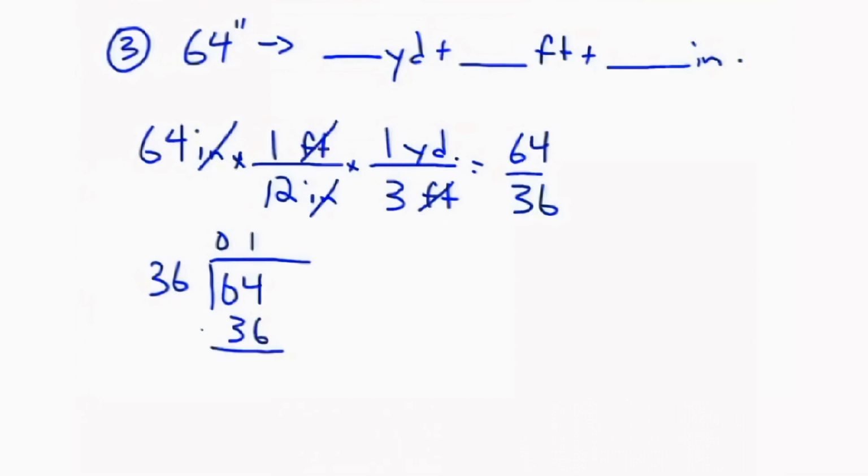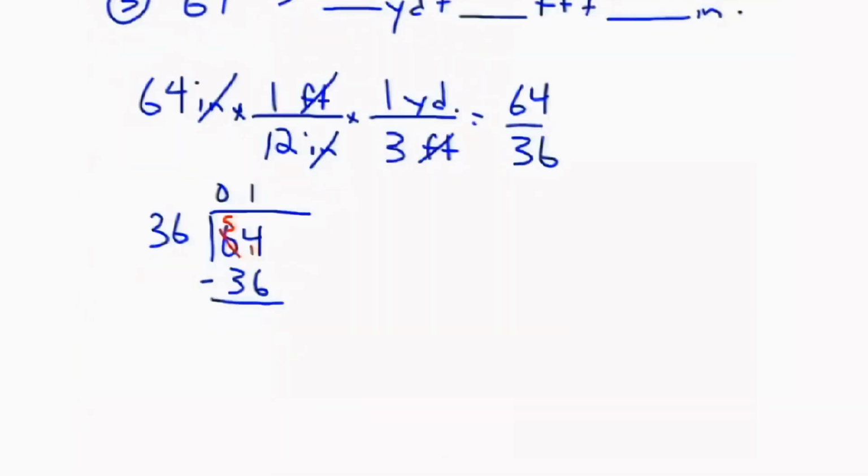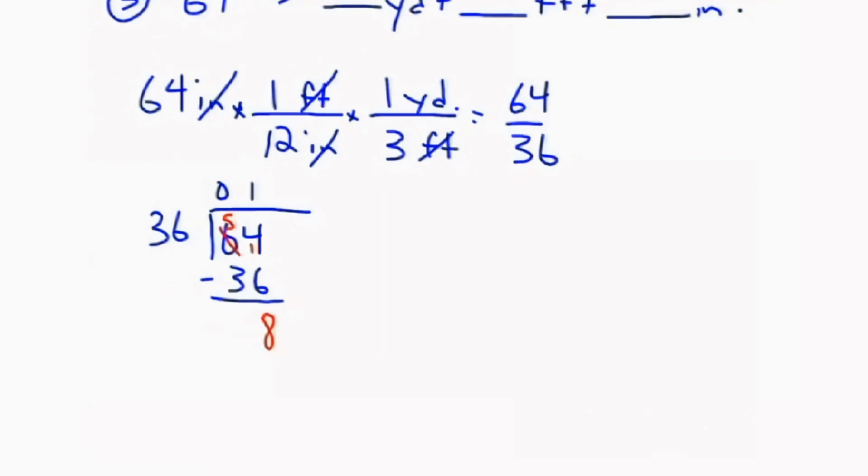And now we get some practice subtracting numbers, whether they're decimals or whole numbers. It doesn't really matter. We can't subtract 6 from 4, so we need to borrow 1 from the tens column and put 1 in the ones column. And now we have 14 minus 6, which is 8, and 5 minus 3, which is 2.